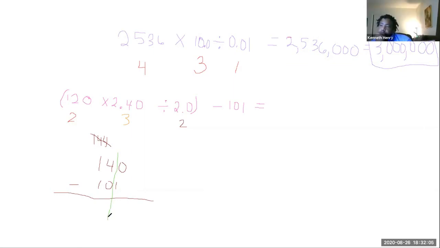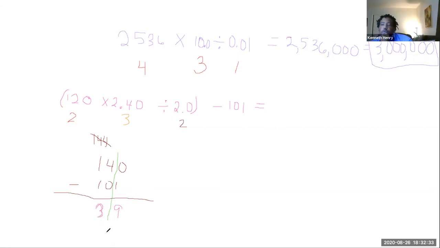Okay. And then after the 1. Okay, so which one would I use? The first one, the green. Would I use the green? Yeah. Okay, so my answer is 39. How do you know what line you are supposed to use?